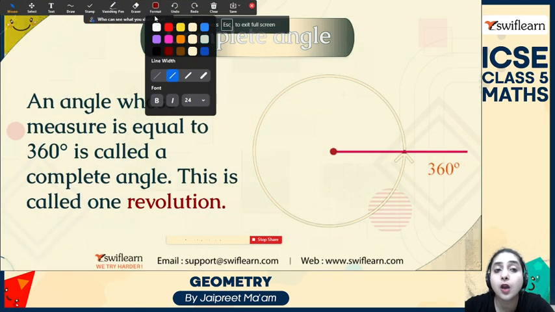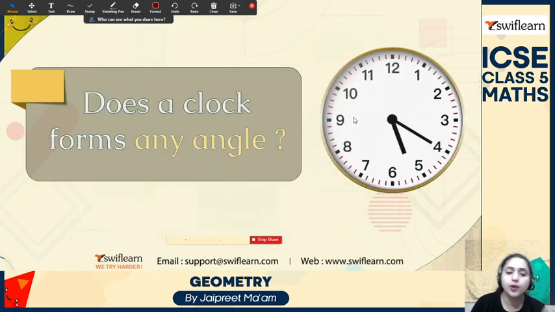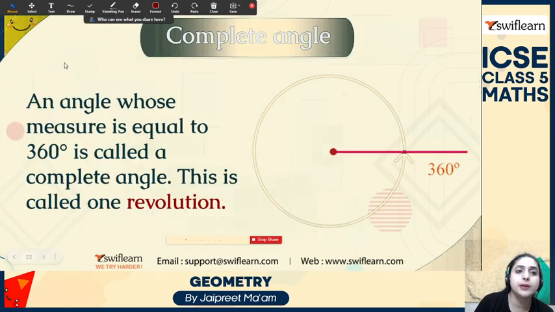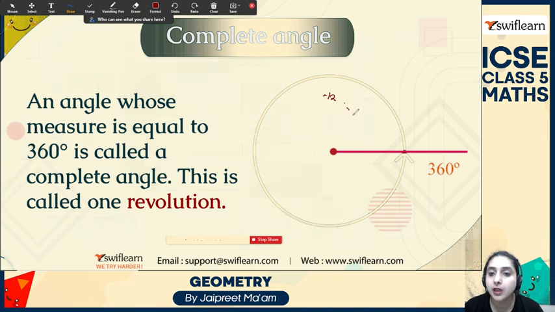Now we have one more angle that is known as complete angle. Now what is complete angle? Complete angle means the complete circle, like a clock. Clock is moving, it's starting from 12 and it comes back to 12, and that completes one day, right?